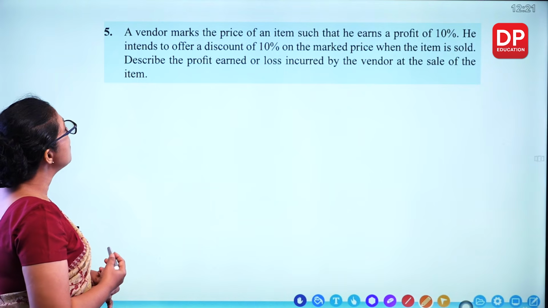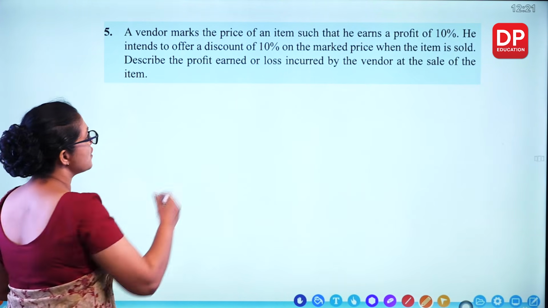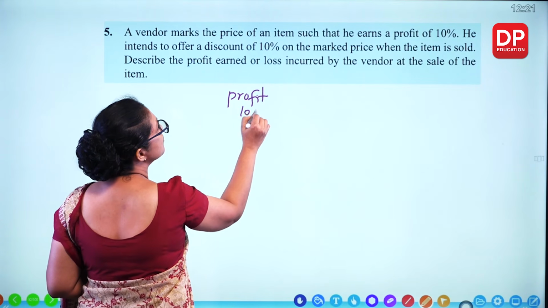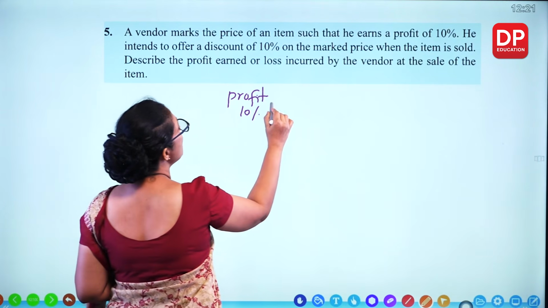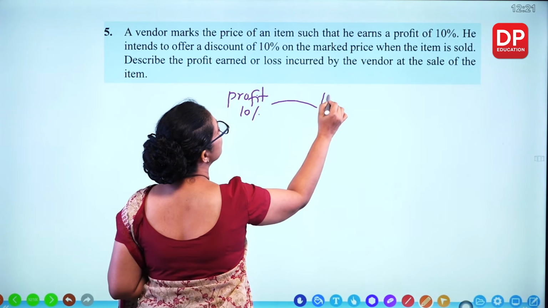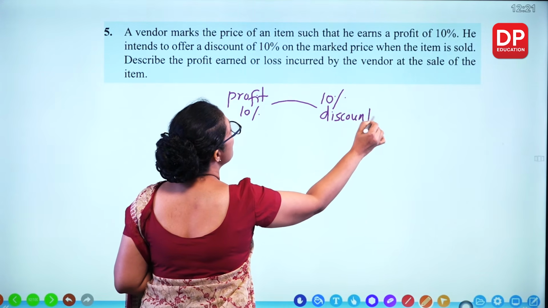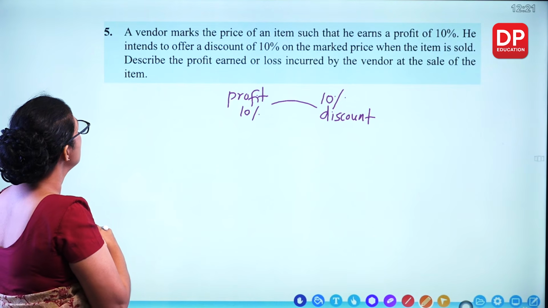Question number 5. A vendor marks the price of an item such that he earns a profit of 10%. He intends to offer a discount of 10% on the marked price when the item is sold.